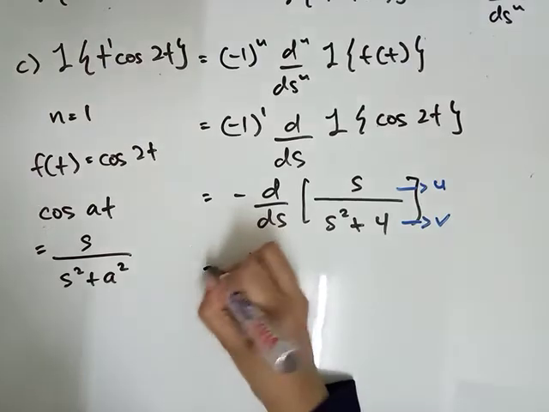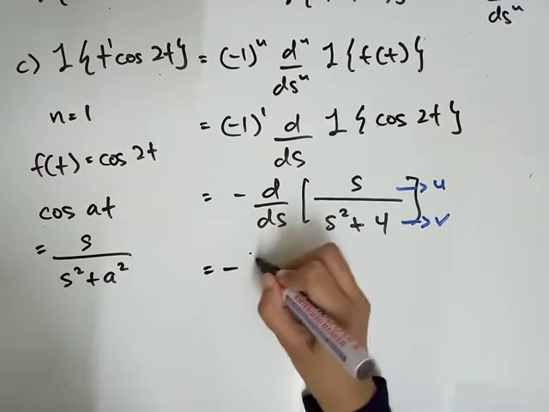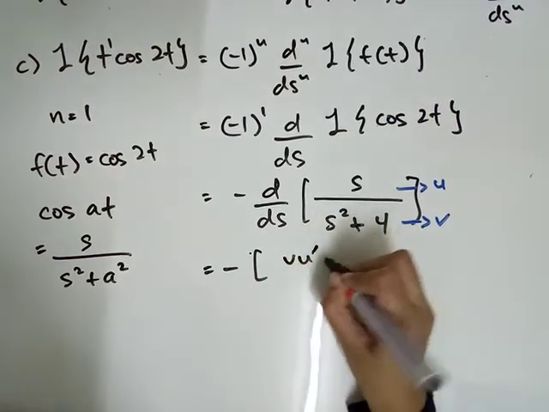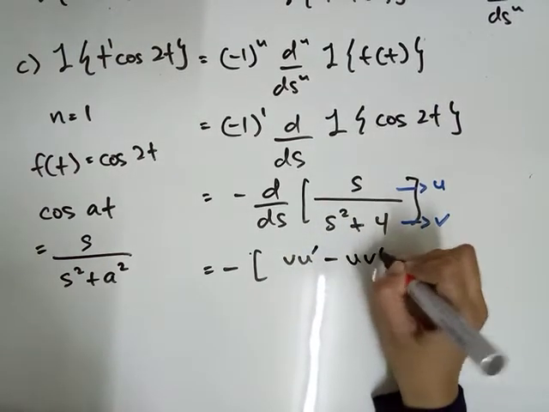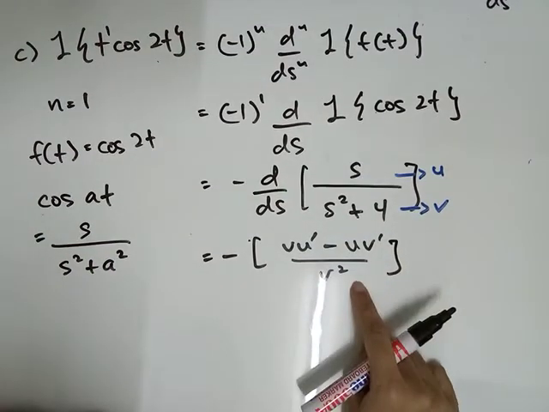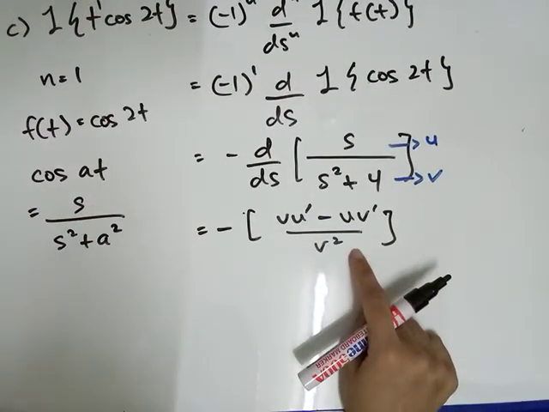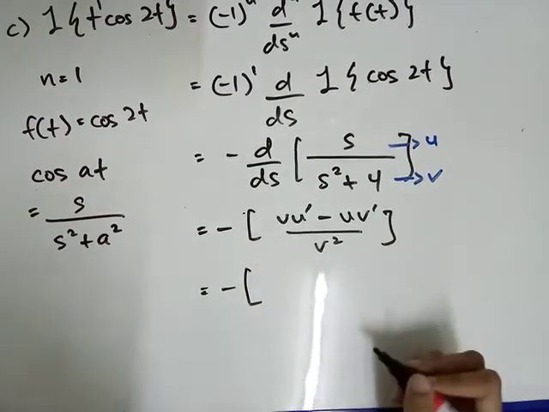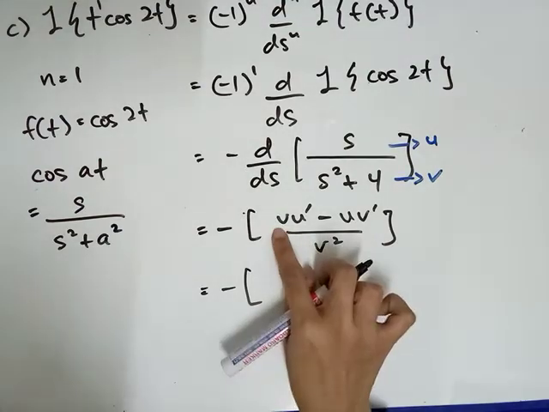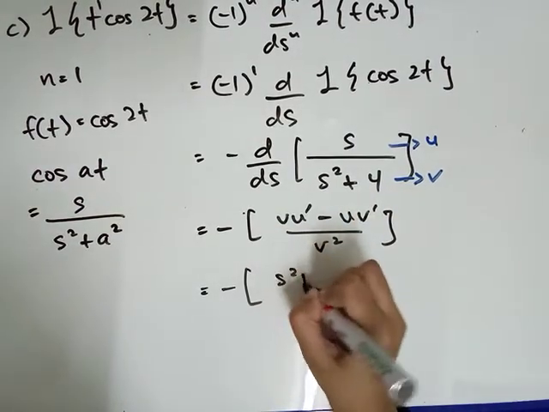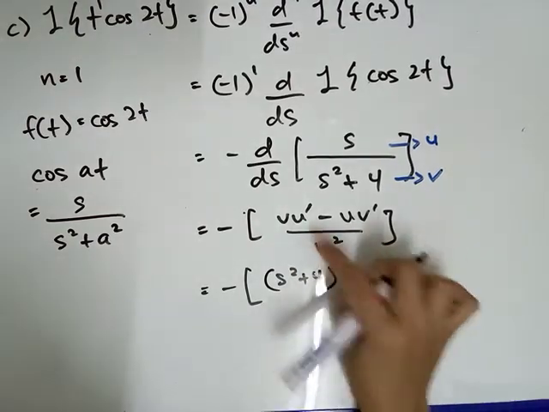Okay, so negative, by using the formula (v u prime minus u v prime) divided by v square. This is the formula for the quotient rule. So negative, what is v? V is s square plus 4, multiply with u prime.